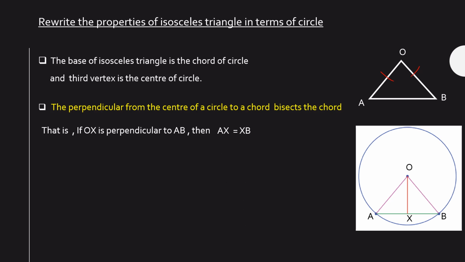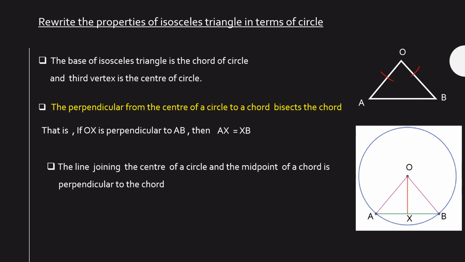Very good. Now, what can you say? The next property. Think in reverse. The second property in reverse. Yes. The line joining the center of a circle and midpoint of the chord, we have already discussed. The line is called, yes, perpendicular. The line is perpendicular to the chord, isn't it?